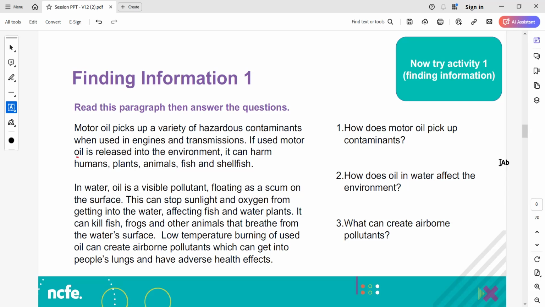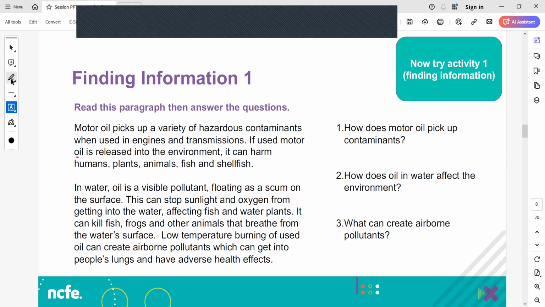Remember, skimming is reading it quickly just to get the gist or the general idea of the text, and scanning is looking for a particular word or piece of information. So we're going to scan. If you look at the question, we've got some keywords: motor oil, contaminant.